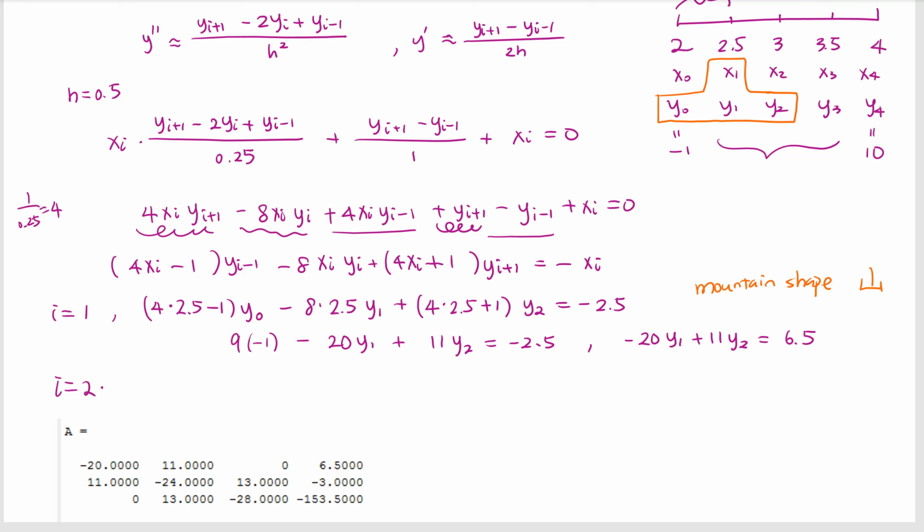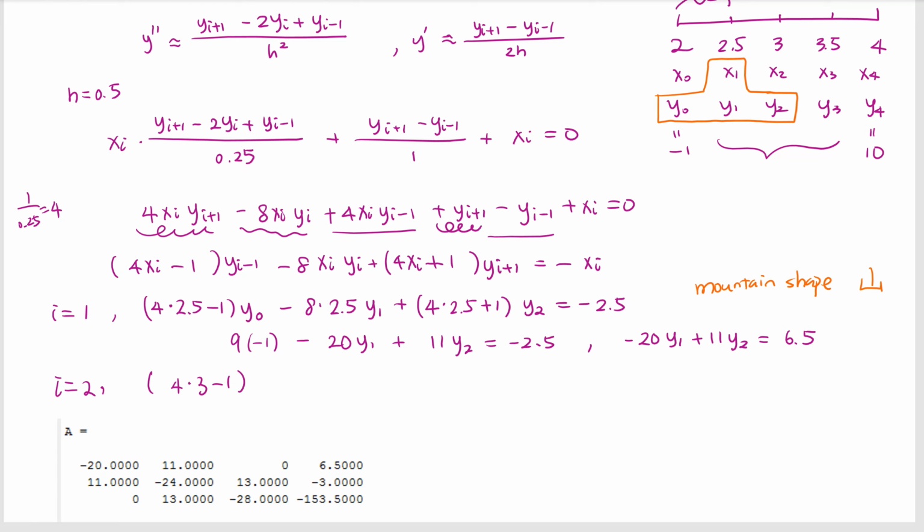Second equation, we want to plug in i equals 2. So far, so good. So our mountain looks like this. Okay, but I don't want to draw too many mountains here, then it's quite messy. You won't see what I write, right? So x2 is 3.